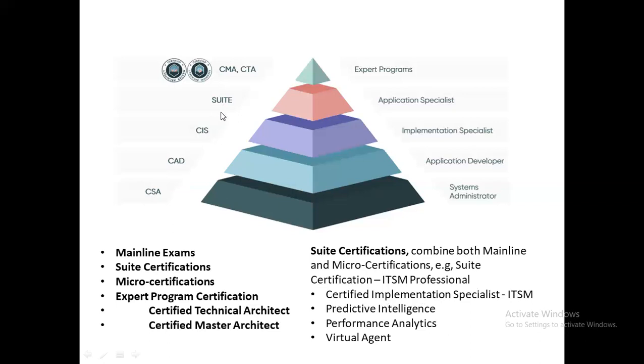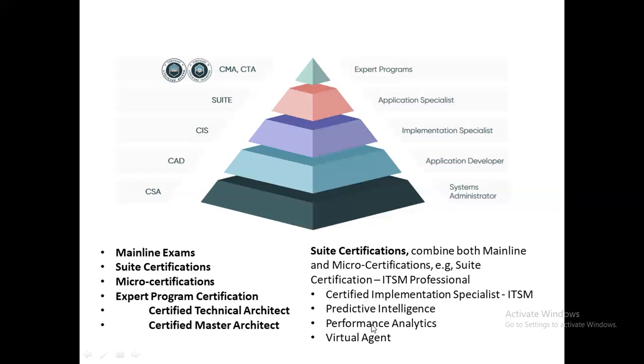Everything else is a product-level certification: CIS Discovery, CIS Service Mapping, CIS ITSM. Based on the modules they have, you can do that particular CIS or CAD. CMA and CTA are not for any suite certifications. So for the ITSM Professional suite, you have to do Certified Implementation Specialist ITSM.